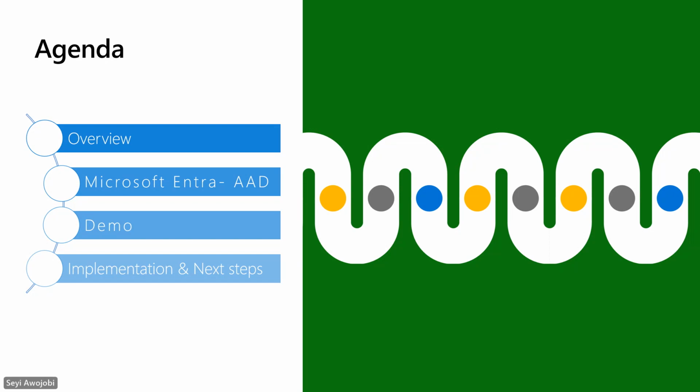All right, so quick rundown of the agenda. Today we're going to be talking about a very important member of the Microsoft Entra family, Microsoft Azure Active Directory, or Azure AD for short. We're going to start with an overview of Azure AD and review how it fits into the Microsoft Zero Trust model.